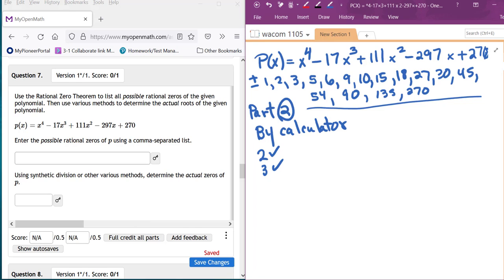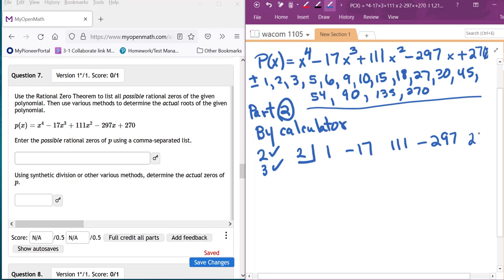So for the synthetic division, we'll use a 2. We do 1, negative 17, 11, negative 297, and 270. Draw your line, bring your first one down. 1 times 2 is 2, negative 15.